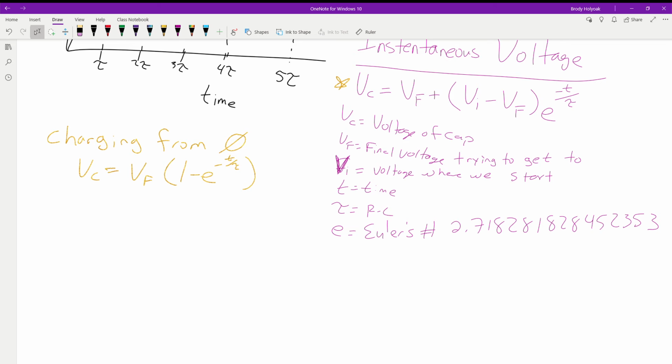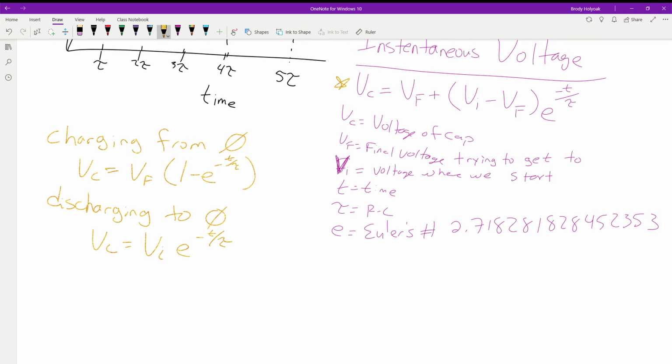So if we're discharging, it's set up to charge from 0 up, or we're trying to go from some value down. The formula we can use is this. So there are a couple of special case scenarios.